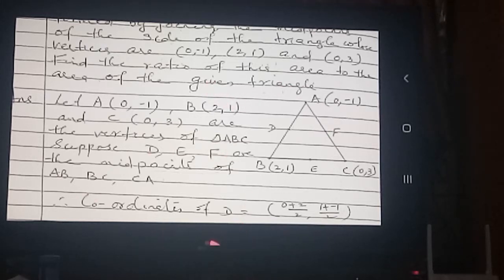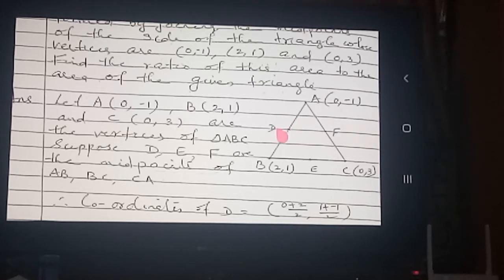So very clearly you know. Okay, see here, the coordinates of A, B and C are written in order. D, E and F are the midpoints of AB, BC and AC. So you can find the coordinates of D. How can you find the coordinates of D?